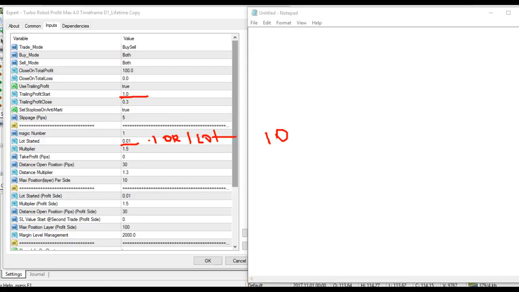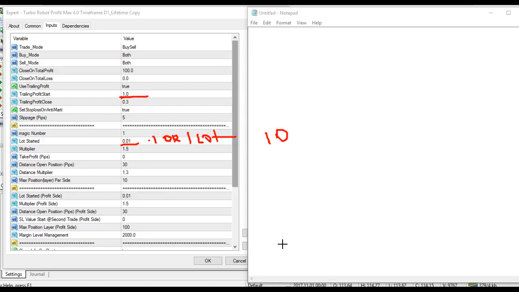So how to change this? What if I wanted to increase the value and your account is very small? You can use a cents account. A cents account multiplies your balance by hundreds.